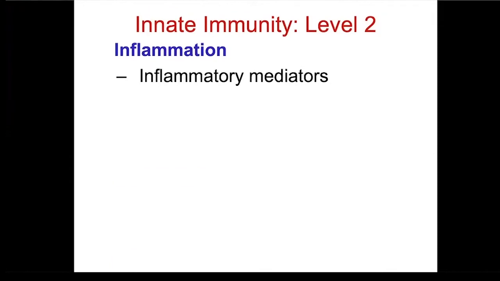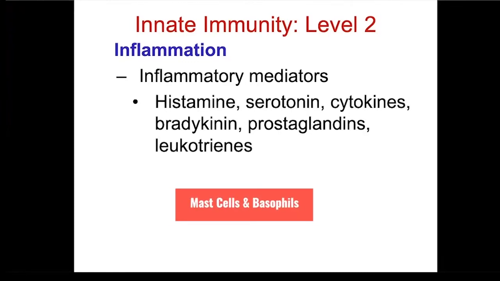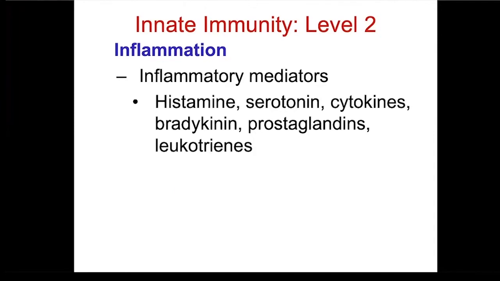There are several chemicals that are going to be involved in initiating or directing the inflammation process. Histamine is released by mast cells and basophils, and it will initiate inflammation.